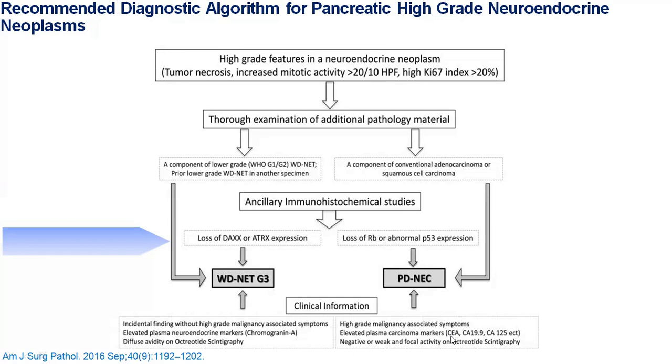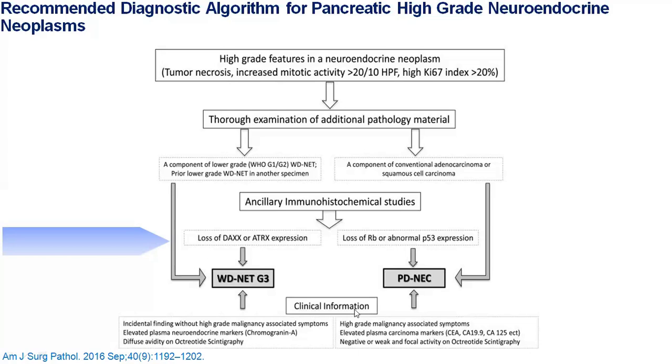So they have a high level of CA 19.9 and CA 125, and they show negative or weak and focal avidity on the octreotide scintigraphy, while they light up on the FDG PET scanning.